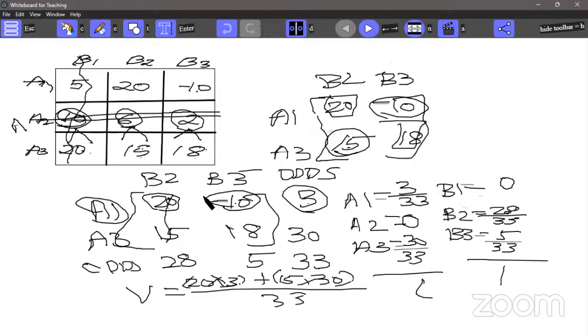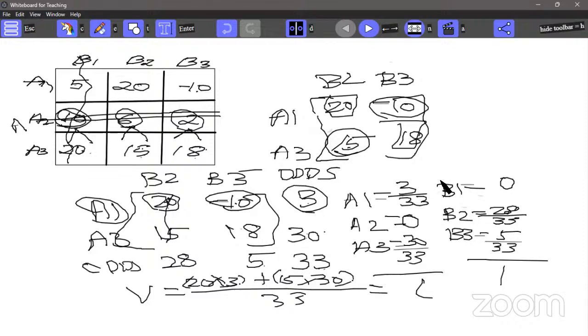I can take minus 10 into 3 plus 18 into 30 by 33. I can take 20 into 28 minus 10 into 5 by 33. I can take 15 into 28 plus 18 into 5 by 33. Is it clear? I have taken the first column: 20 into 3 plus 15 into 30 by 33.